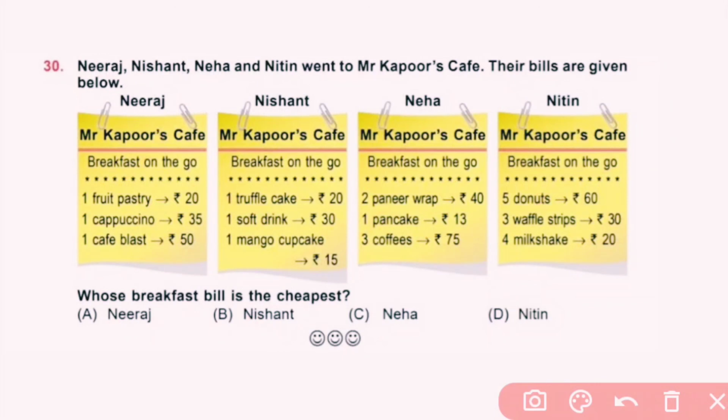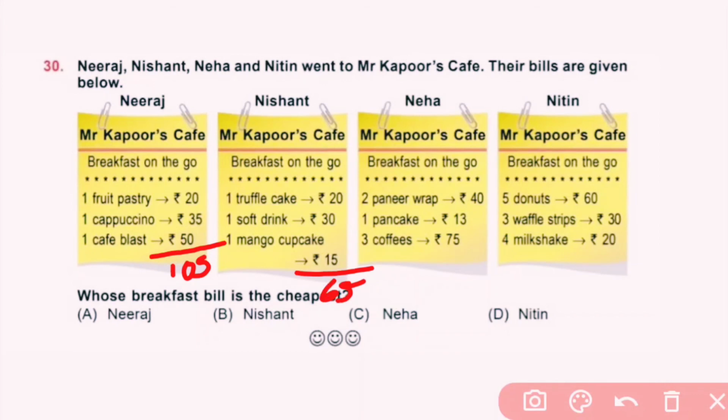Question number 30. Neeraj, Nishant, Neha and Nitin went to Mr. Kapoor's cafe. Their bills are given below. Whose breakfast bill is the cheapest? Here Neeraj's breakfast bill is 20 plus 35 plus 50 is 105. And Nishant's bill is 20 plus 30 plus 15 is 65.